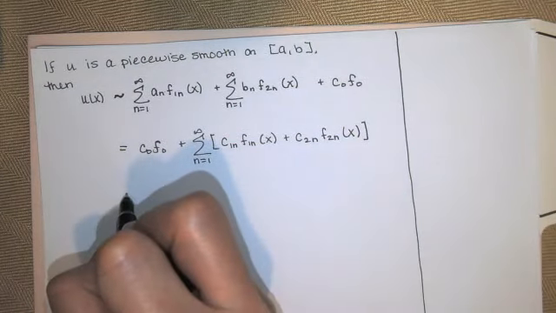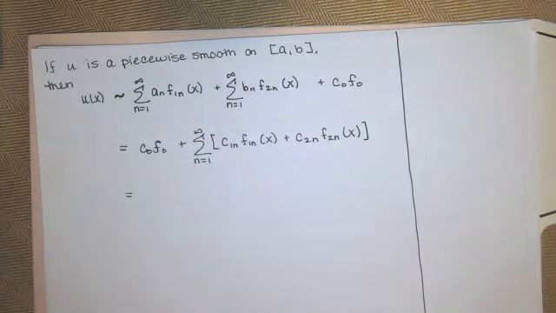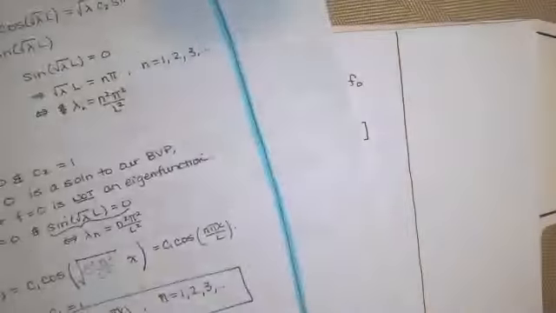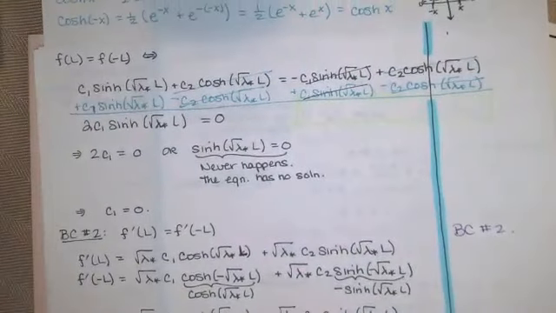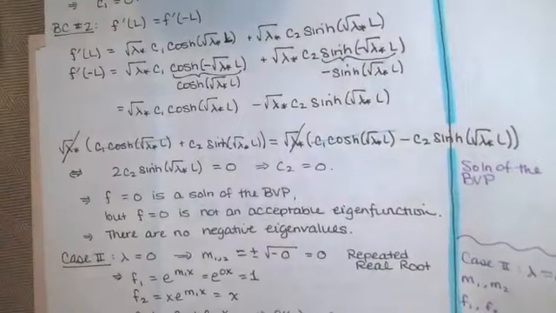Now, for our eigenfunctions and eigenvalues from that derivation that we just did, we did a lot of work, so let's find it. First, we saw that there were no negative eigenvalues.